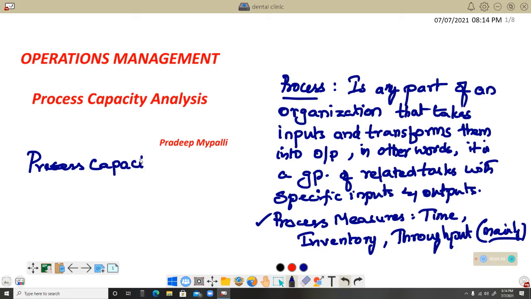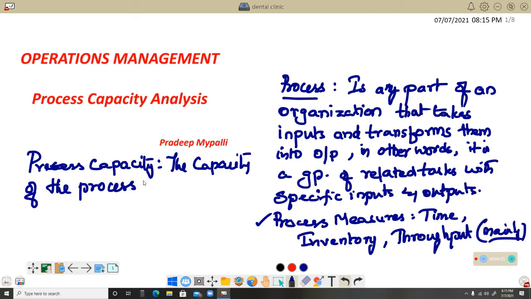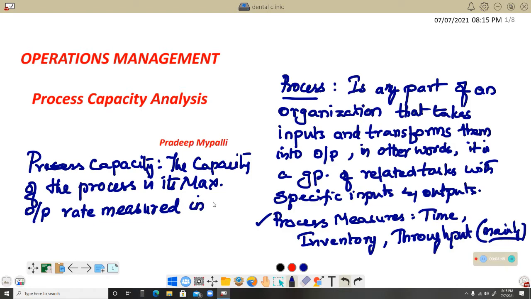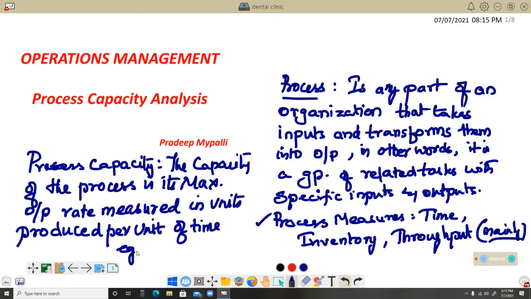Process capacity. The capacity of the process is its maximum output rate measured in units produced per unit of time, which means, for example, a day.